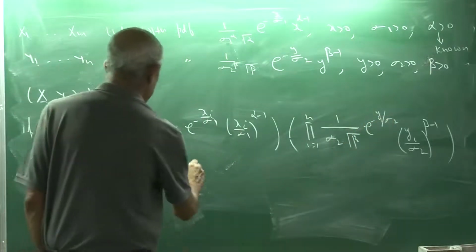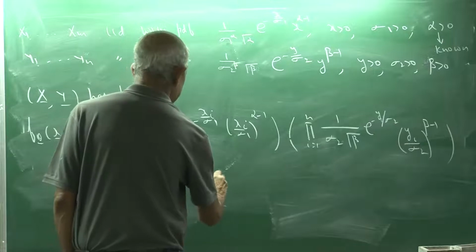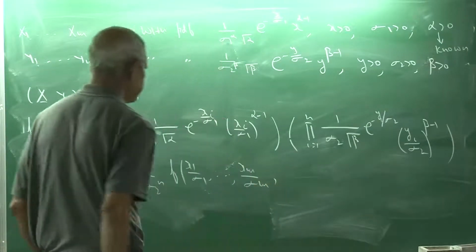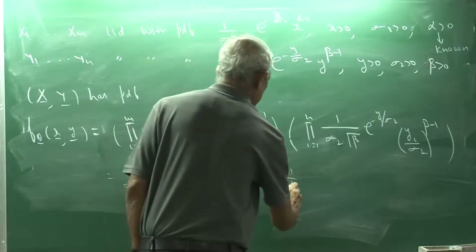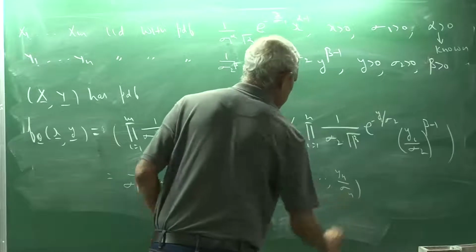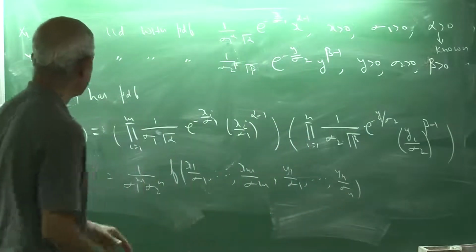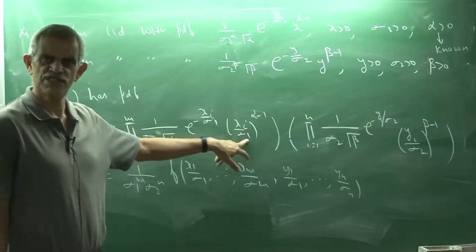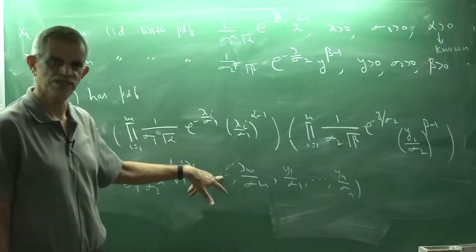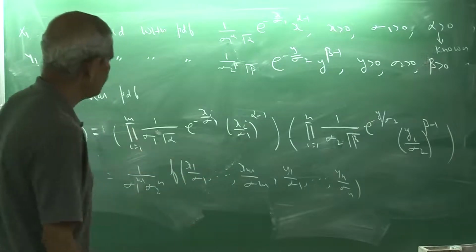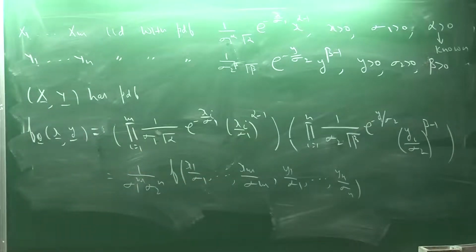F of x1 by sigma 1, ..., xm by sigma 1, y1 by sigma 2, ..., yn by sigma 2. Now this is for the case where each xi is positive and each yi is positive. Otherwise the PDF is 0. So f would be 0 if one of the xi's is negative or one of the yi's is negative.